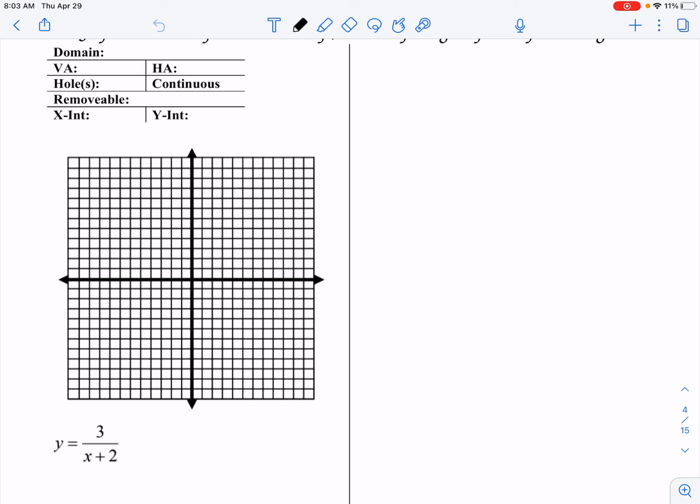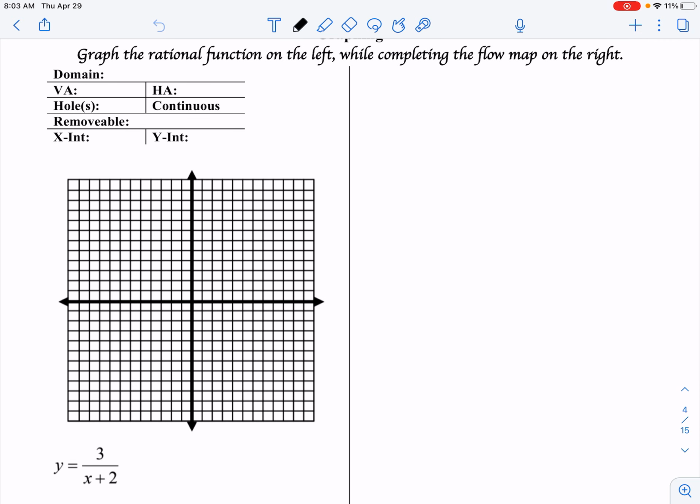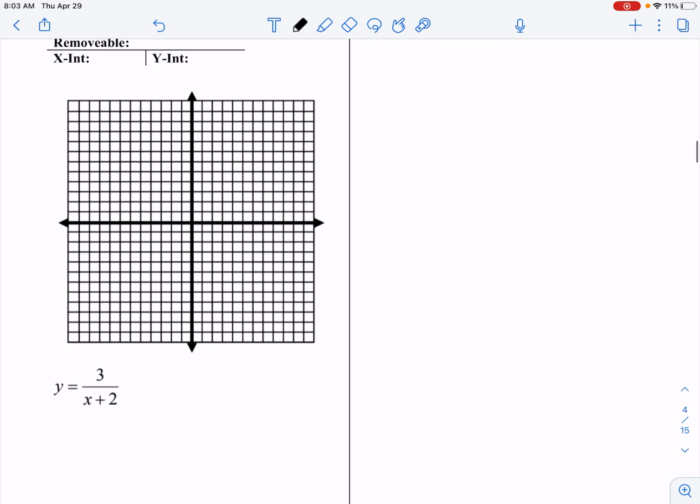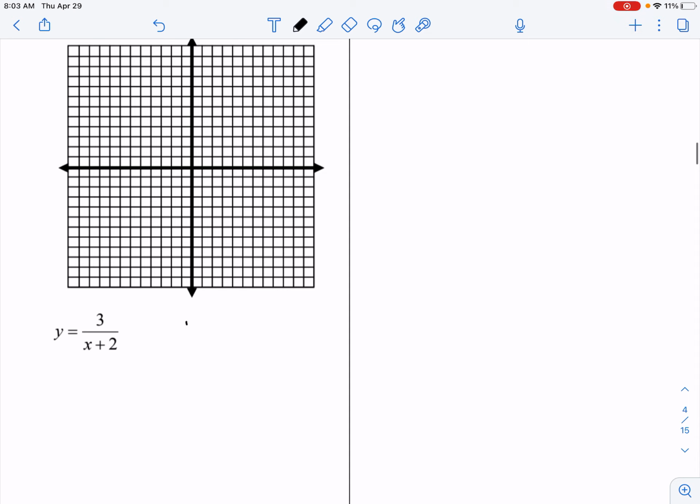I personally like to start with the vertical asymptote. The reason is because I take whatever's on the bottom, set it equal to 0, and solve for it.